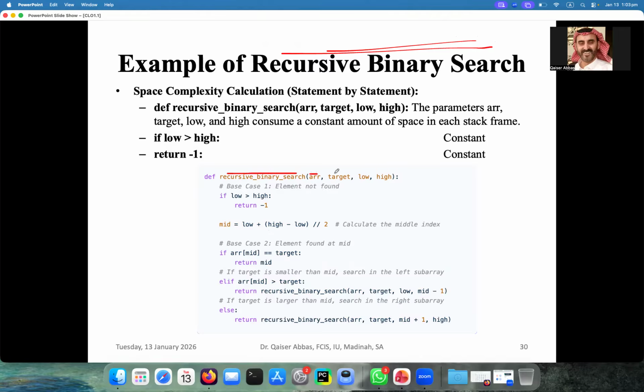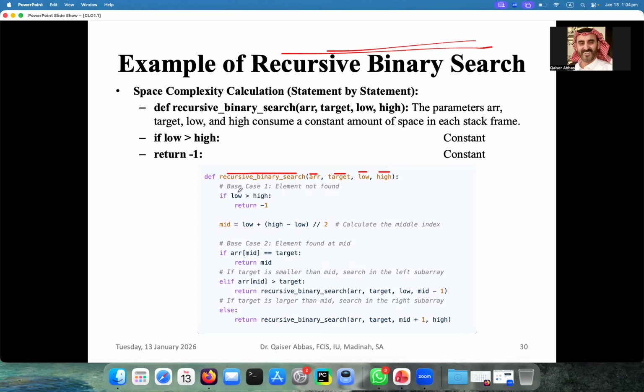We are passing the array, the target element that we have to find in it, the low starting index and the high ending index. This binary search also behaves like the previous binary search, but in a recursive way.